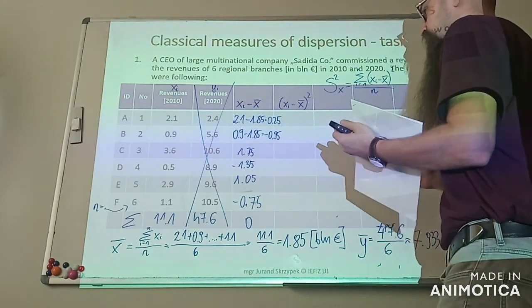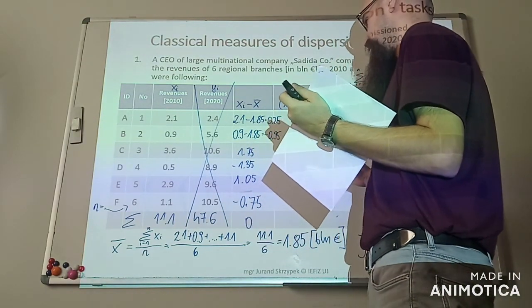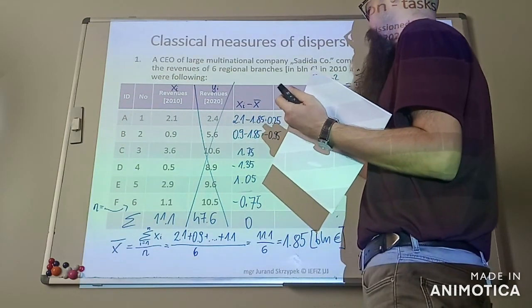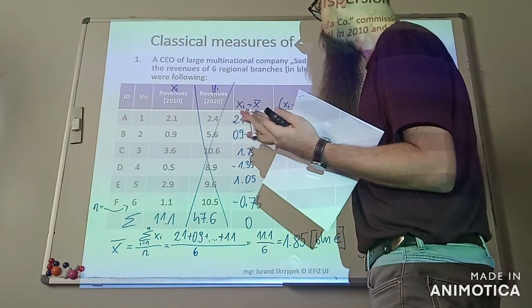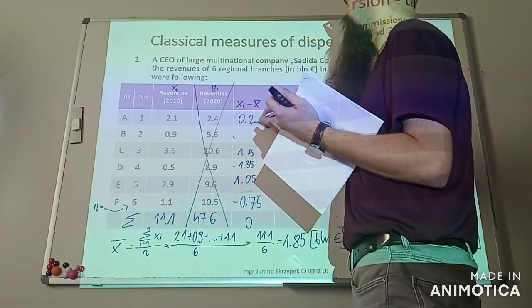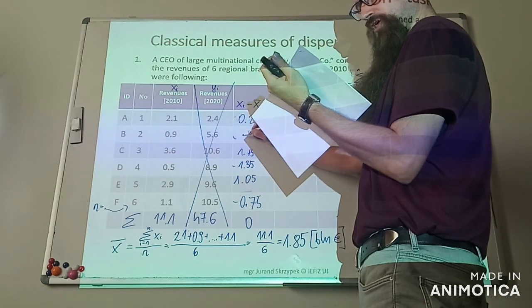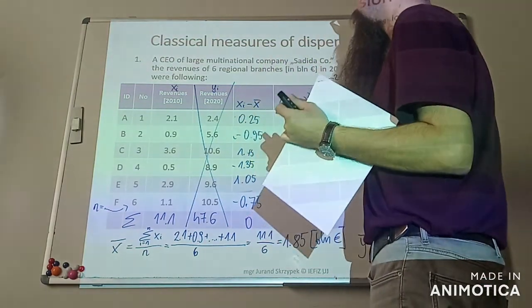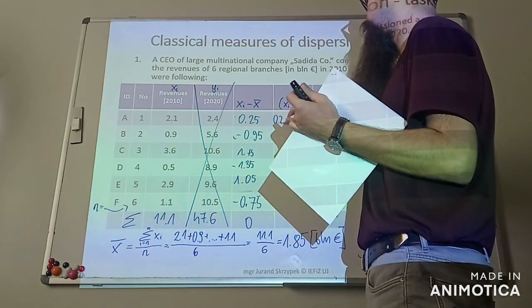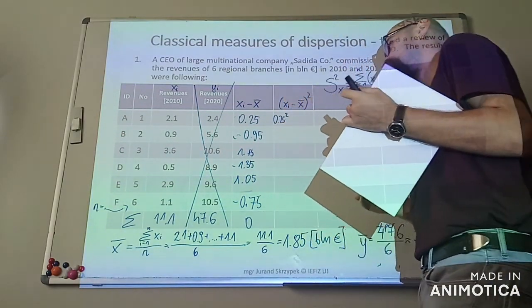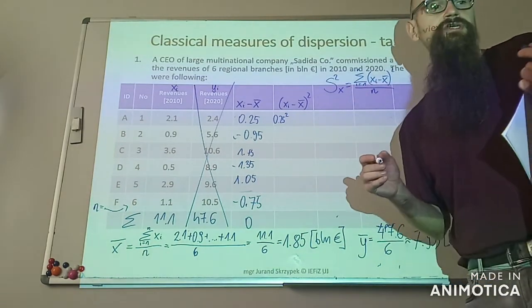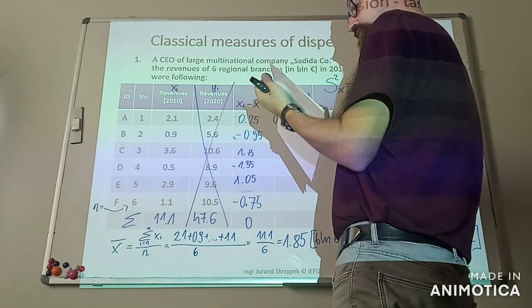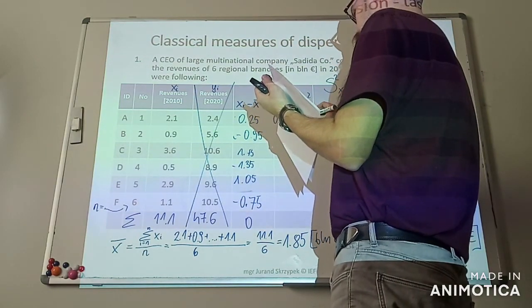Here, in the next column, we have 0.25 to the power of 2, and for the second one, minus 0.95. 0.25 squared is about 0.063.